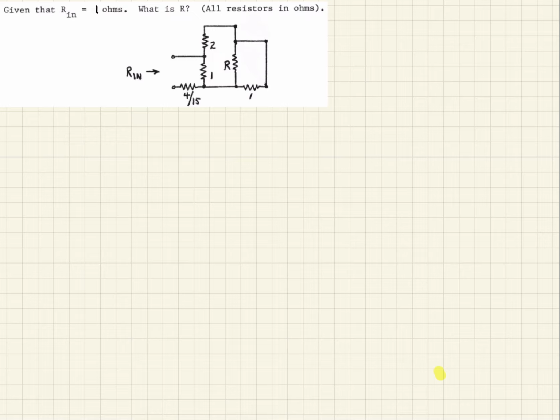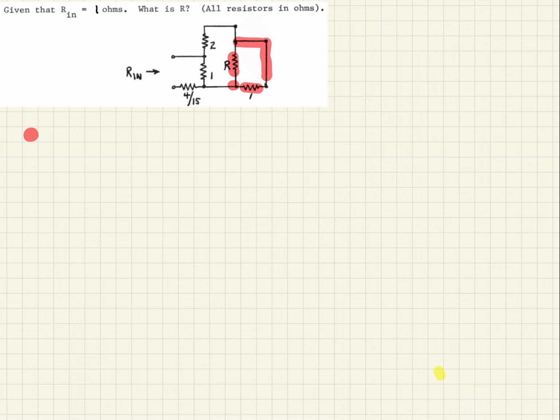So now we want to come back and we'll notice that this resistor and this resistor share the same input and the same output. So this means that they're in parallel. So we can replace both of those resistors with one resistor.